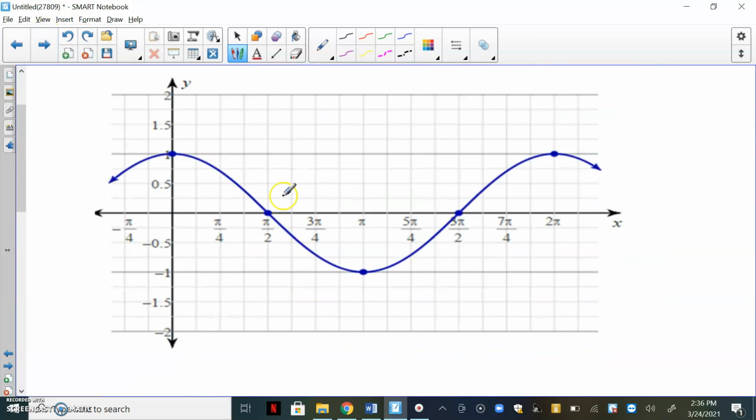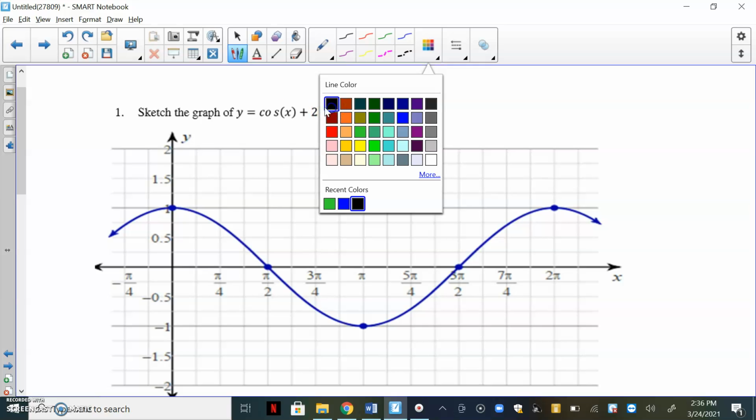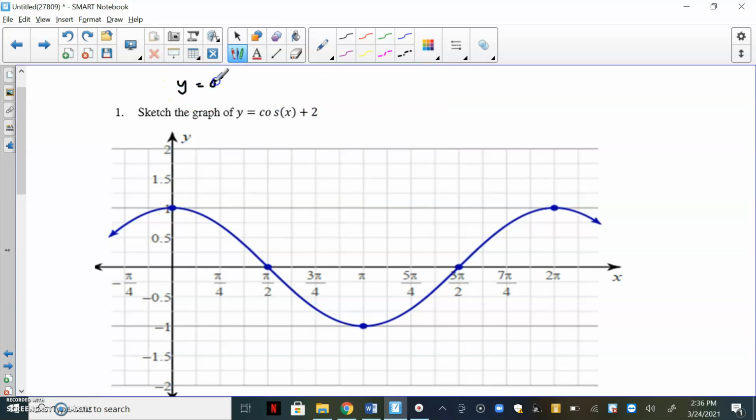Here I have the parent function drawn for you so that you can just adjust it to be the transformed one. So remember that the general form is y equals a cosine of x minus h, plus k. That kind of gave this away, didn't it?